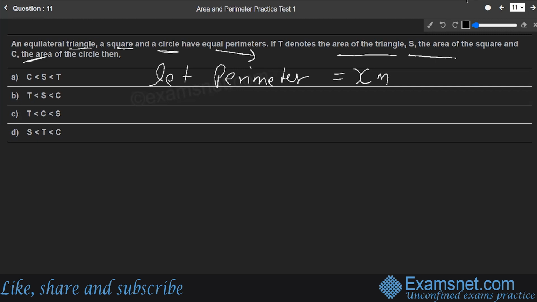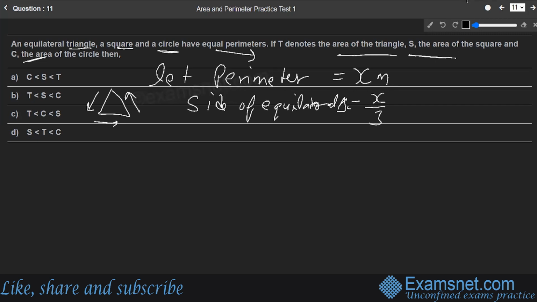First of all, we have an equilateral triangle. In an equilateral triangle all the sides are equal, and if the sum of the sides is x, then each side will be x by 3, one third of the perimeter.